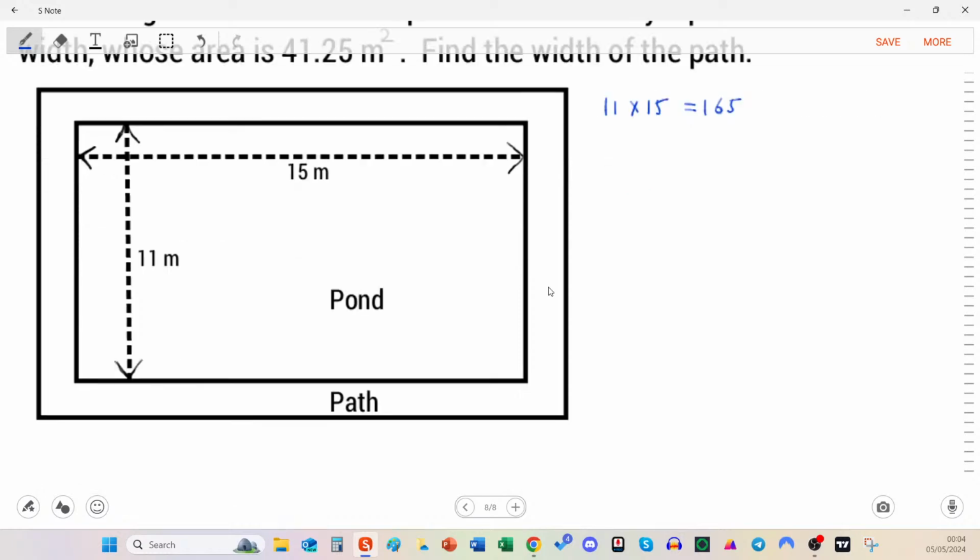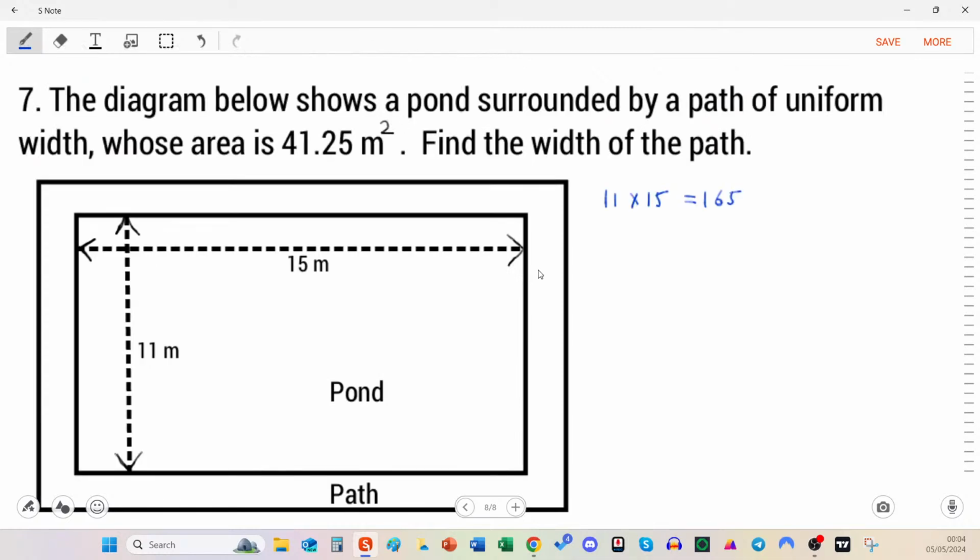But how do we even know the area of that path? I think that's our focus. So the path area is the focus. I think if we found an expression for the area of the path in terms of the width of the path, we would then be solving for the width of the path.